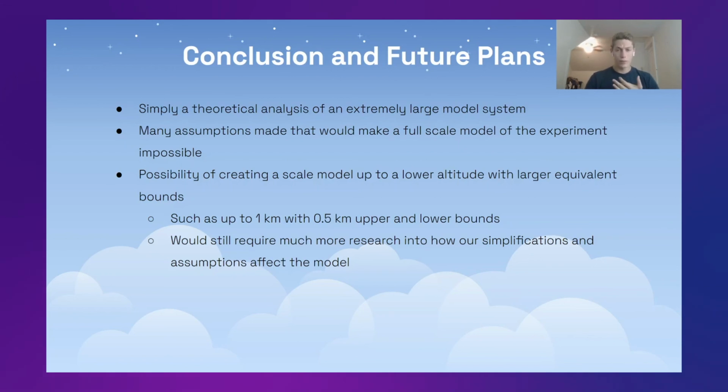There would be a possibility of creating a scale model to a lower altitude with larger equivalent bounds, but there would still be much more research that we would have to put into how our simplifications affected the model, such as wind loading and transient effects, as well as different time profiles instead of just night and day.